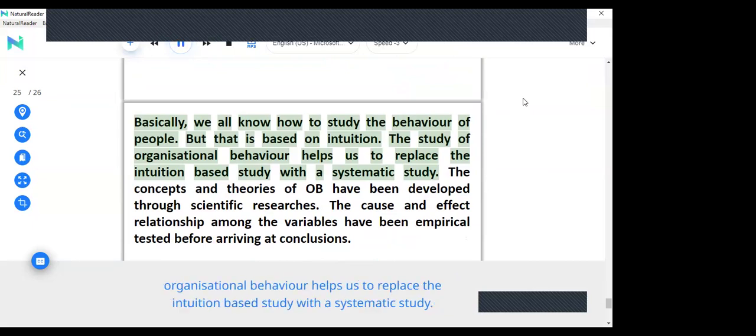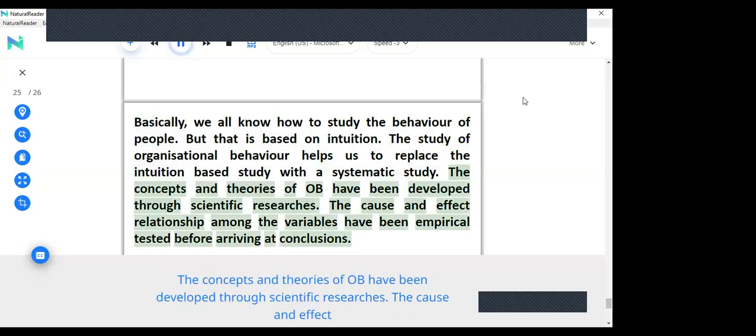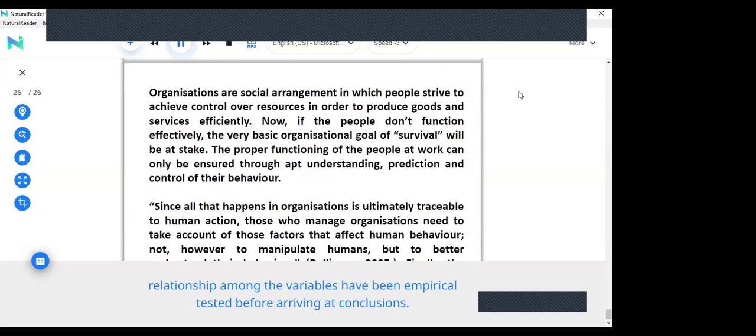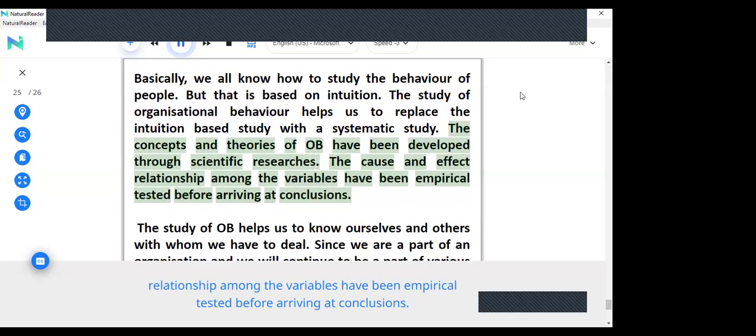The study of organizational behavior helps us to replace the intuition-based study with a systematic study. The concepts and theories of OB have been developed through scientific research. The cause and effect relationships among the variables have been empirically tested before arriving at conclusions.